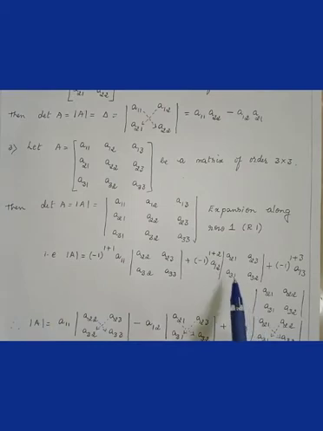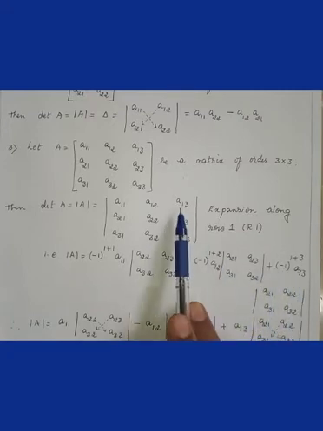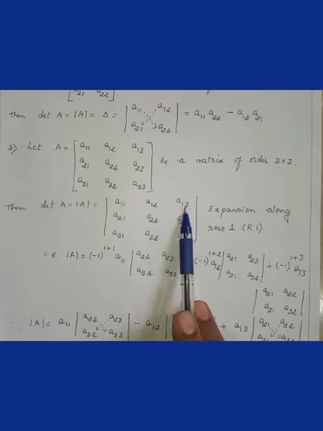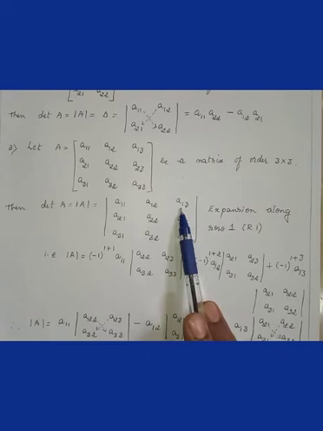Therefore, the determinant of A21, A23, A31, A33, plus minus 1 to the power of the last entry, 1 plus 3, into A13. This entry is important.